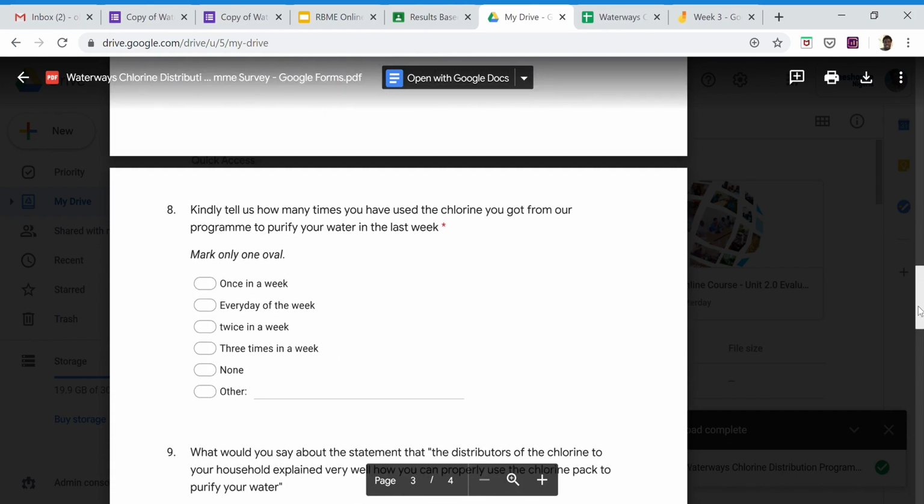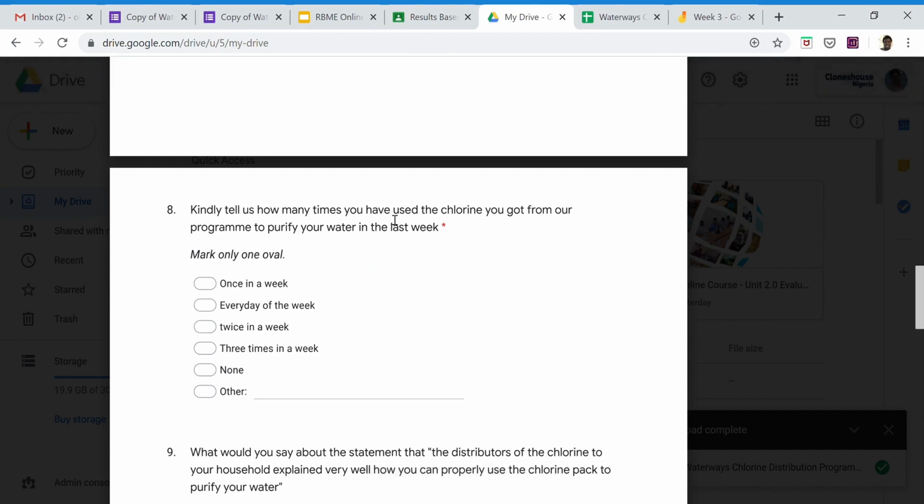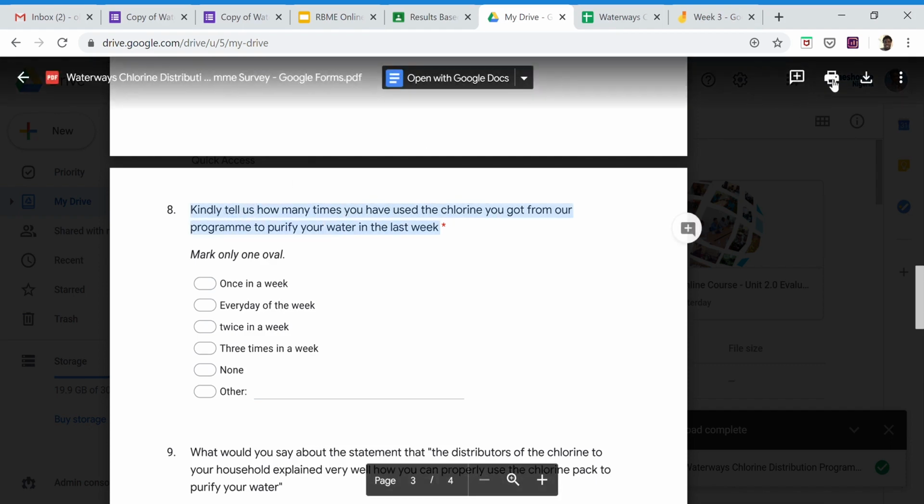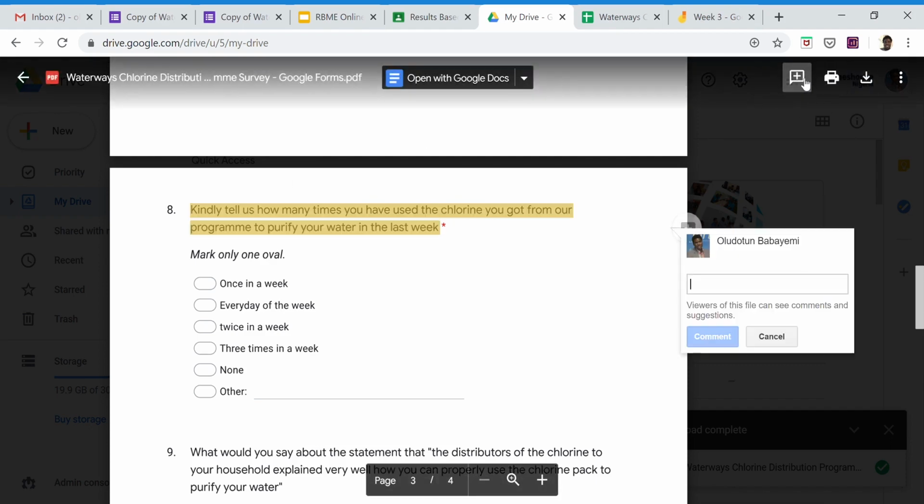So remember these indicators and these questions. Can you tell us how many times you have used the chlorine you got from a program to purify your water? This is an outcome statement actually. So what I'll do is, yes, this is a variable, and I can add it as variable 1, right?